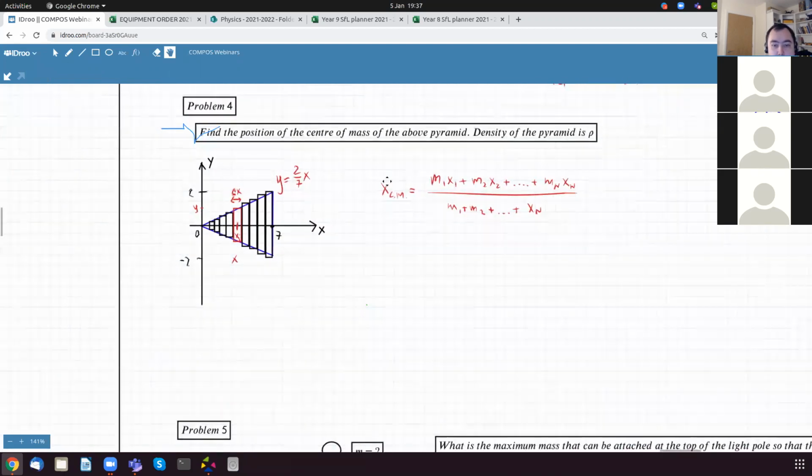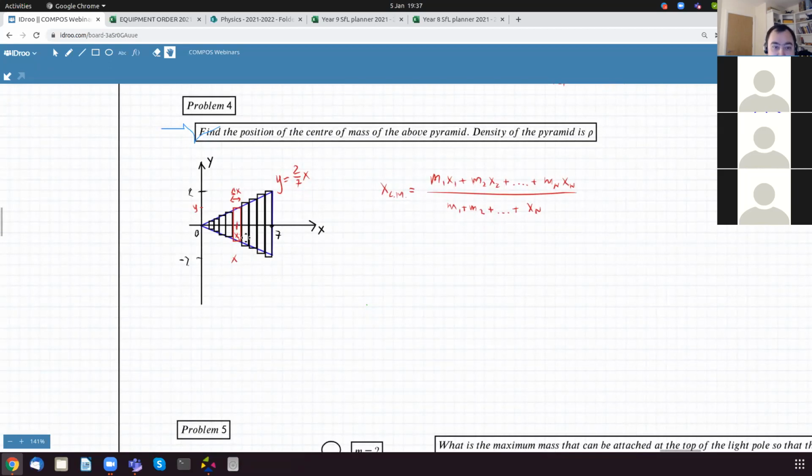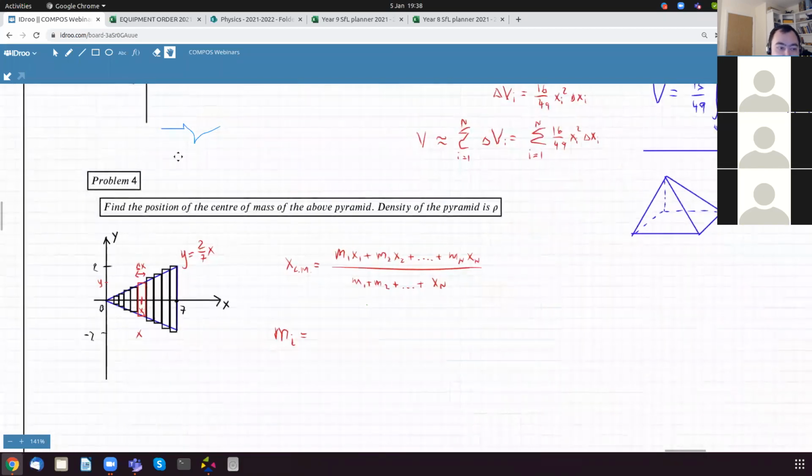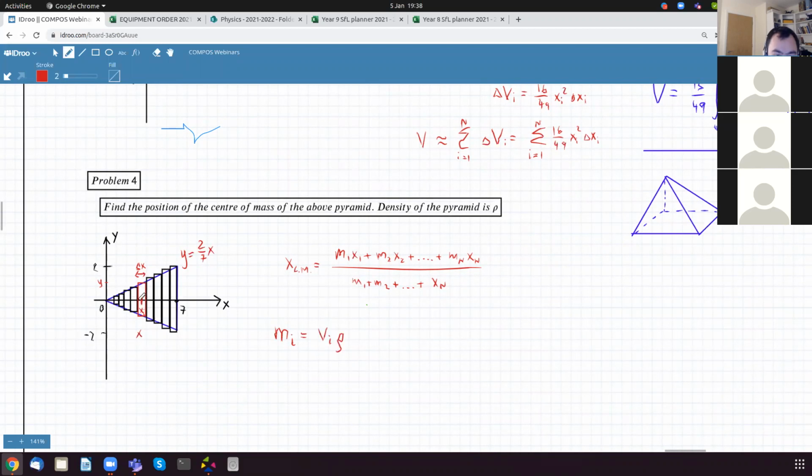So we need to work out the mass of this slab. And the mass is volume times density. So the mass of the ith slab is the volume of the ith slab times the density.